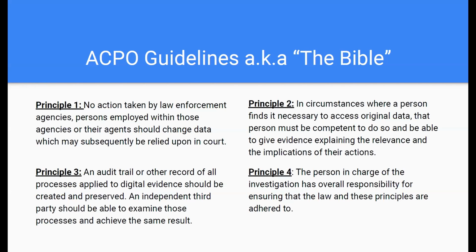Principle 3, an audit trail or other record of all processes applied to digital evidence should be created and preserved. An independent third party should be able to examine those processes and achieve the same result. So this will be combined with principle 2. Basically, any changes that you do, like I mentioned, you have to record everything. The reason you have to record everything is because it should be repeatable. It's like science, think of it as a science practical almost.